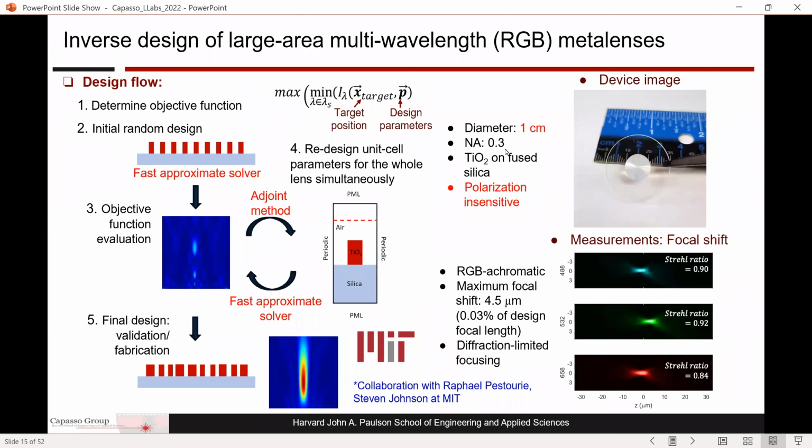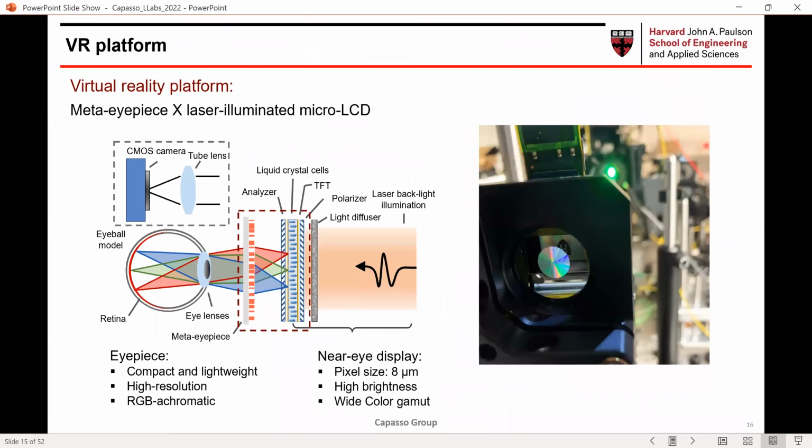This is a very efficient process. You can see the results here. Without inverse design, we simply wouldn't have been able to do this. You see the maximum focal length shift is 0.03% of the design focal length when you move from one wavelength to the other. This is a very important demonstration of what can be done.